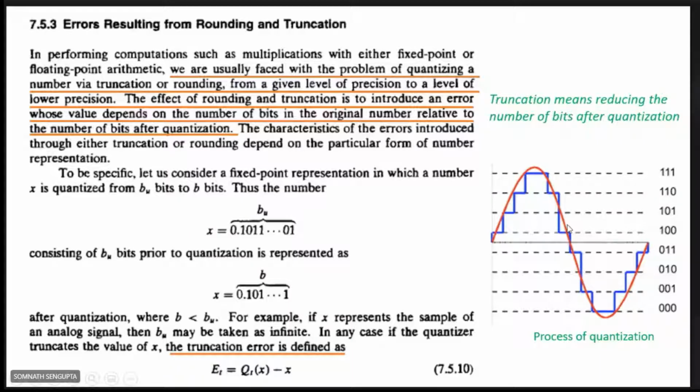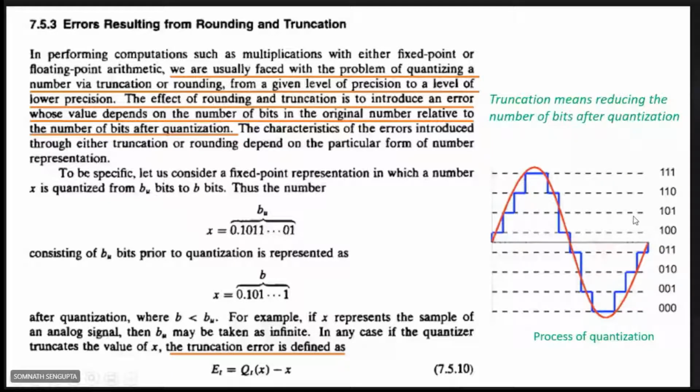If it is situated at the middle, there is some error regarding that. That error is half of the LSB. LSB is 1 by 2 to the power b, or 2 to the power bu. So that is half of that.